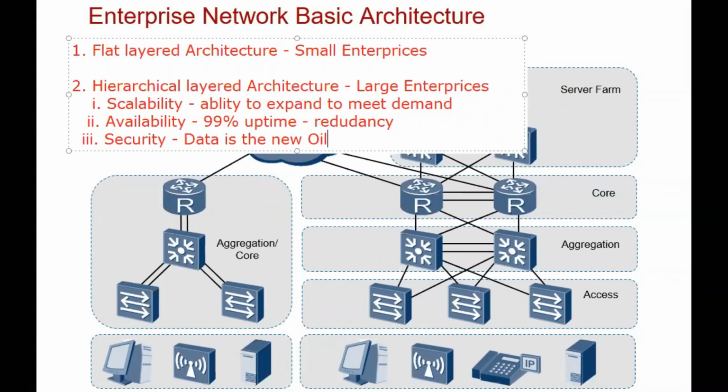Enterprises treat their data very confidentially, in high regard, because if a competitor steals, for example, a business secret and implements that particular strategy before them, they're going to lose a lot. So any large enterprise will always want data security. Your network has to meet the security demands. For those reasons, any large enterprise will always use a hierarchical layered architecture.